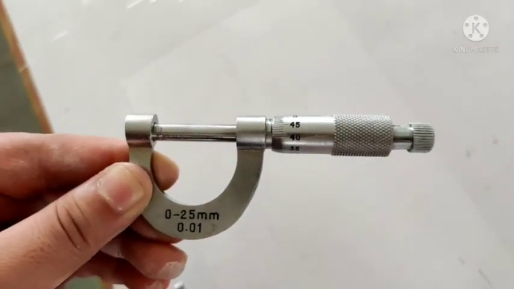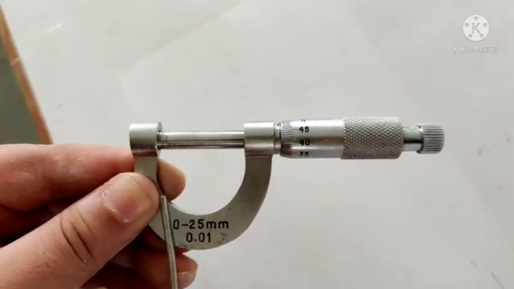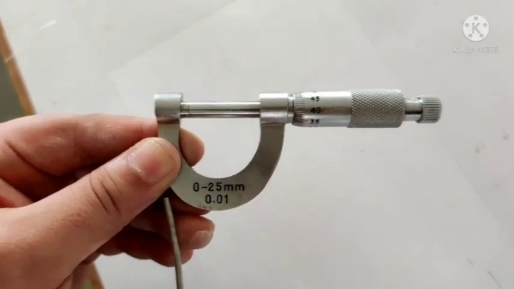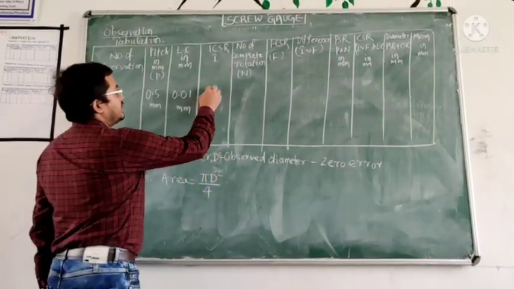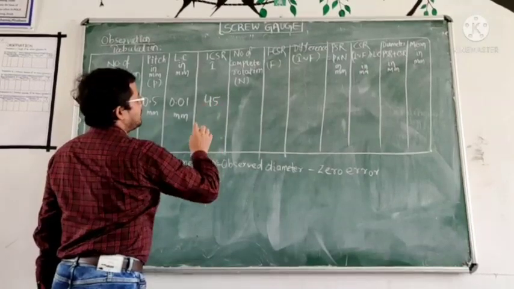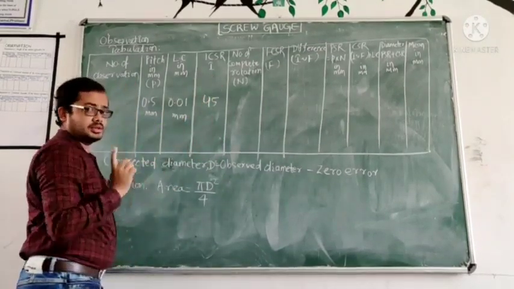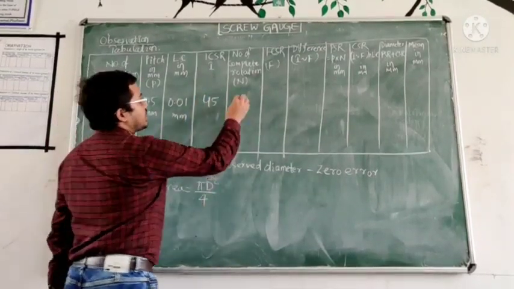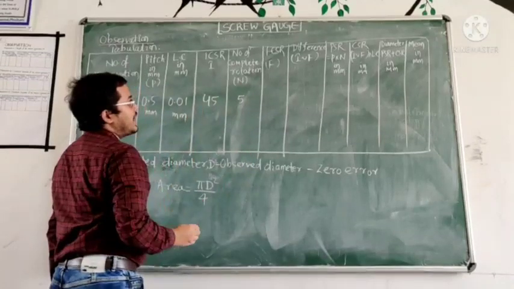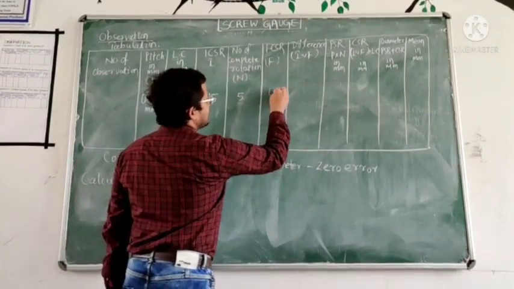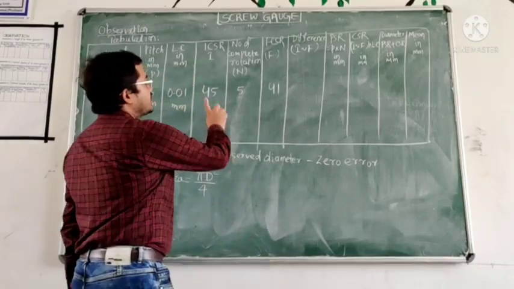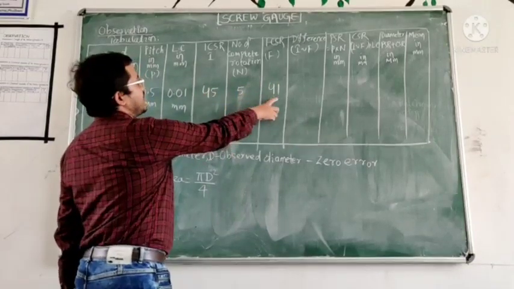This is how we are going to take a reading using this instrument. We have obtained our ICSR as 45. This has no unit. Our number of complete rotations is 5 and our FCSR is 41. So we need the difference, I minus F.